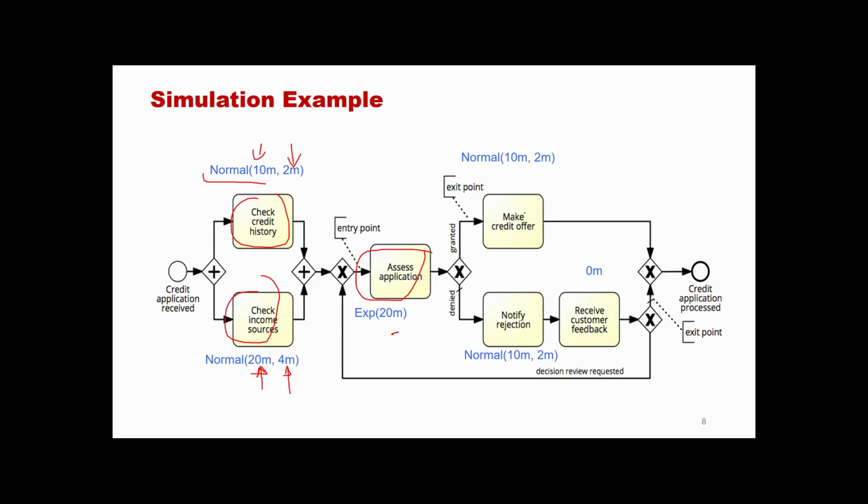Then make credit offer is a very straightforward task where you just put together the data to send the credit offer to the customer. That follows a normal distribution, say with 10 minutes of mean and 2 minutes of standard deviation. Notify rejection similarly, and receive customer feedback is a task that is performed automatically.